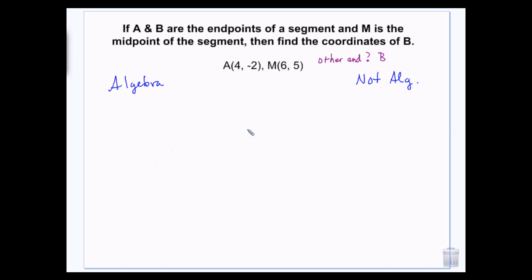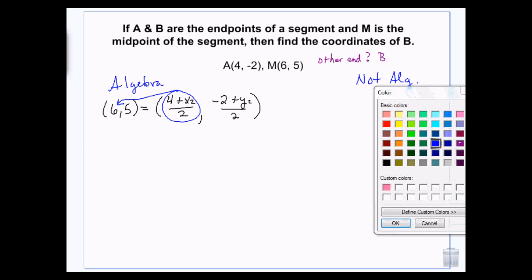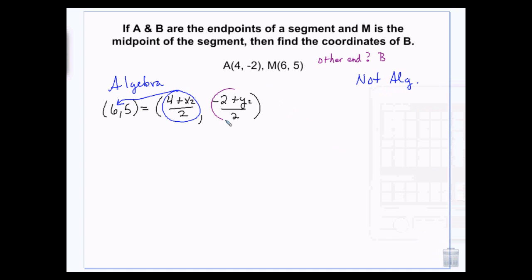With algebra, my midpoint is equal to my missing end point divided by 2, my missing y divided by 2. These go together. Actually, let's not use red. Let's use blue. These go together. And these go together.